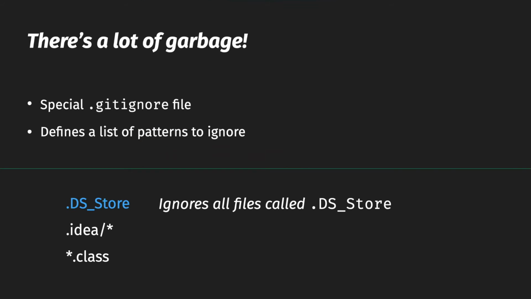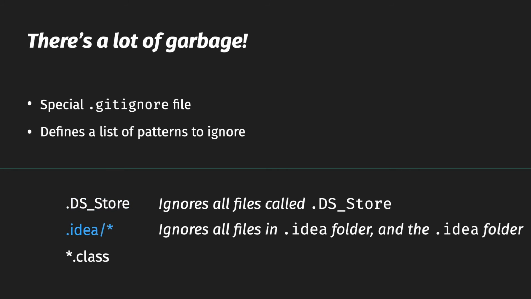The first thing is, in this file, we can just name specific files that we want to ignore. In this case, it would ignore every single file called .DS_Store, and Git will just not keep track of it. If we put a /* at the end, that's saying whenever you see a folder called .idea, ignore everything inside of it and the folder itself.